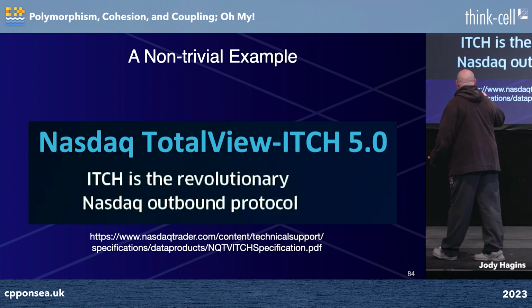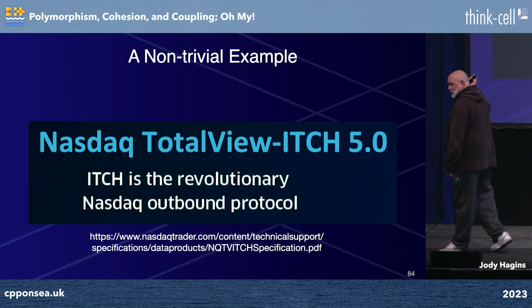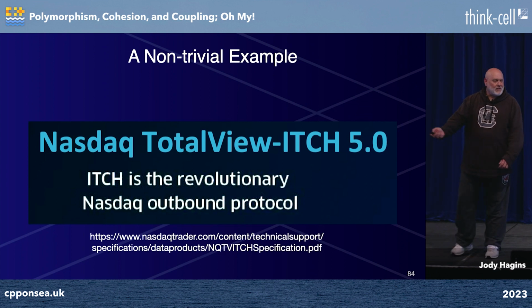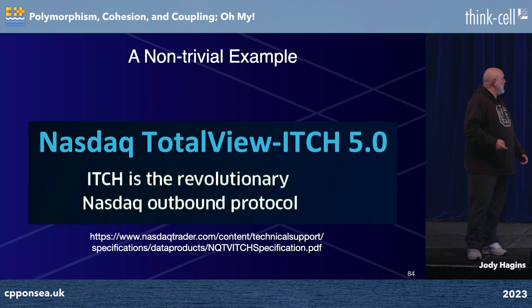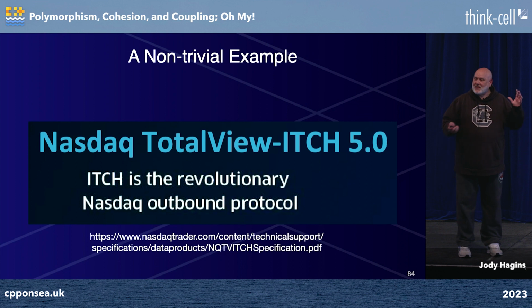We're going to use as an example NASDAQ TotalView-ITCH. For those of you that don't know much about financial data, this is basically the NASDAQ stock market's data feed. This is how they send their data out to people.